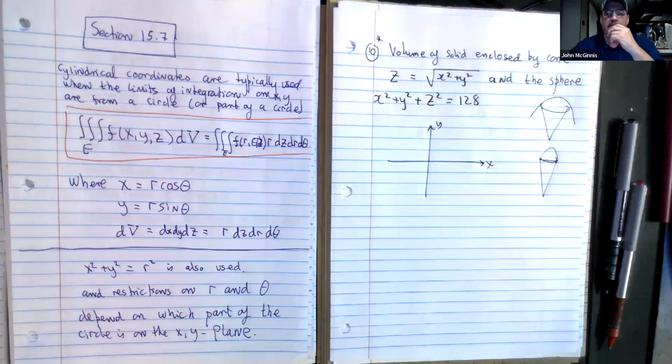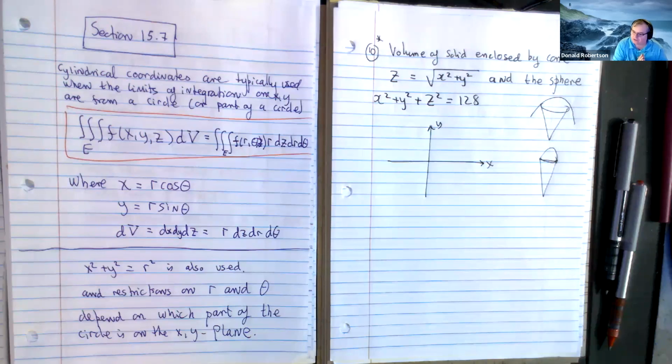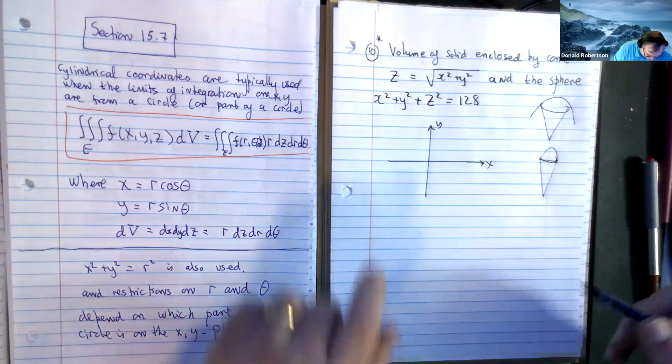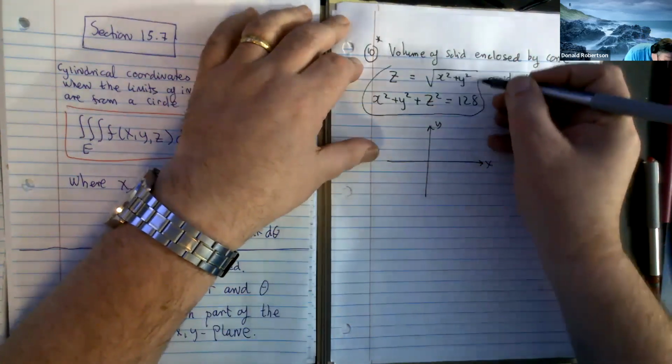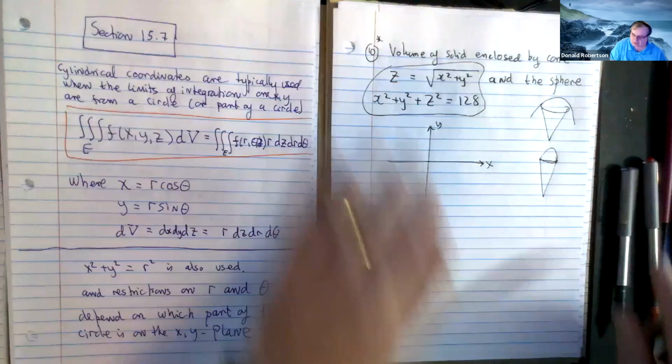You get a circle, right? So all I need to do is figure out what the darn circle is, and we're good to go. Fortunately, the circle is a little bit harder to calculate than you might think, because it's essentially going to be the intersection of those two things.